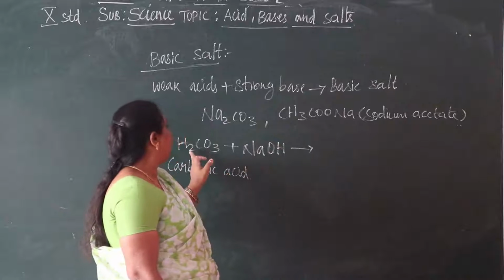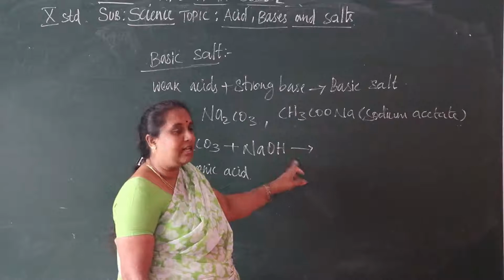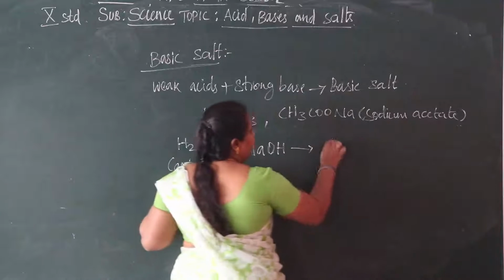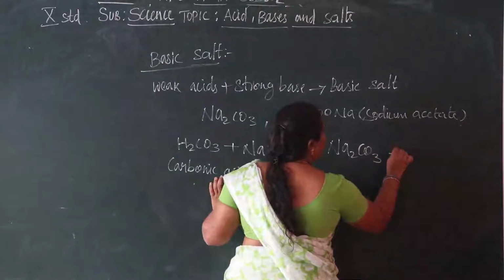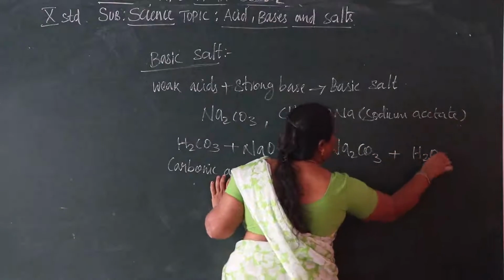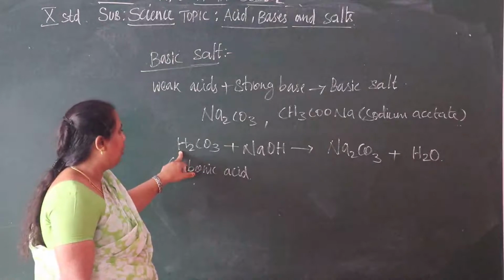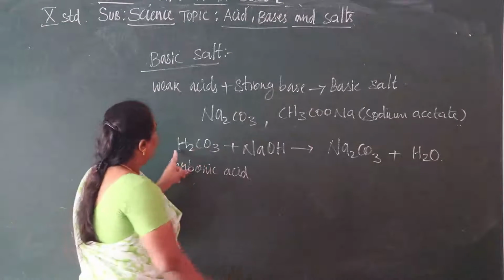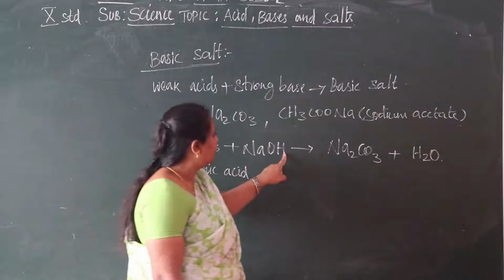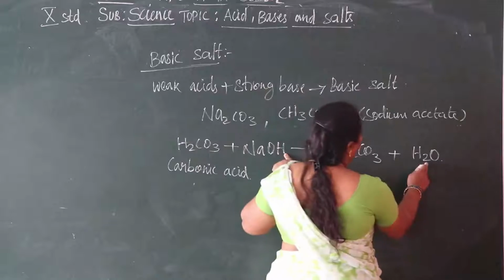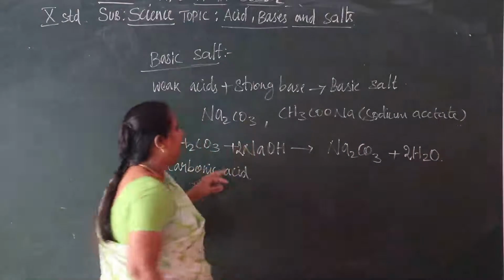So for that we take the reaction: carbonic acid plus sodium hydroxide gives sodium carbonate, Na2CO3, plus water, H2O. We want to balance this equation. Hydrogen is 2 plus 1, which is 3, but here there are only 2, so we multiply by 2.